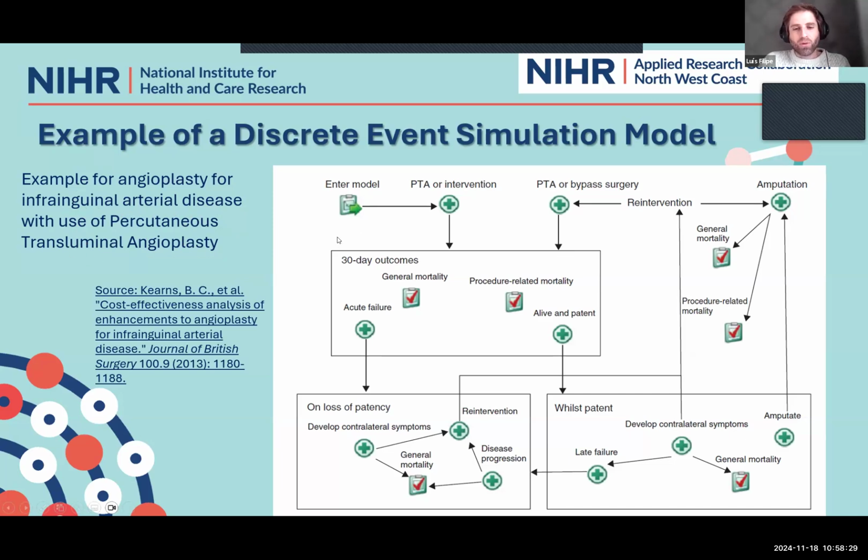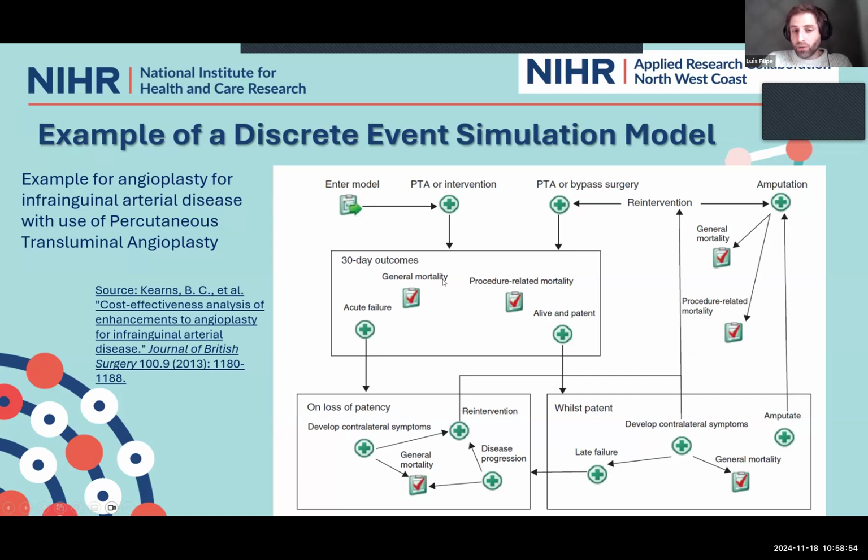And you will see that while you probably can do it with a Markov model, this is a little bit more complex. So you enter a model, and in the model, you receive this PTA, this percutaneous transluminal angioplasty intervention. And then once you receive the intervention, there's a 30 days outcome where you can die from general mortality, or you can die because of the procedure.